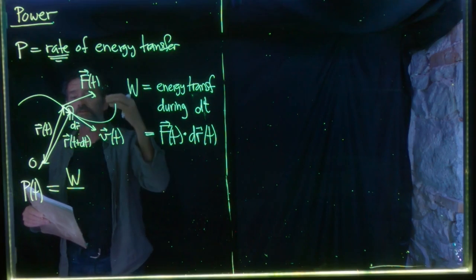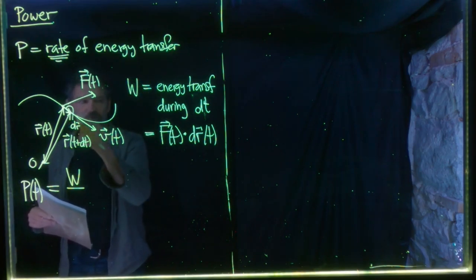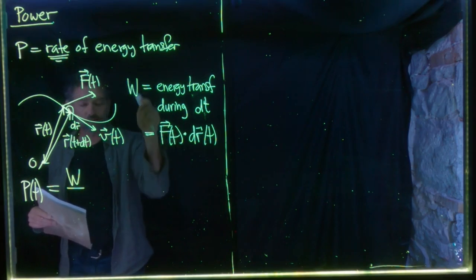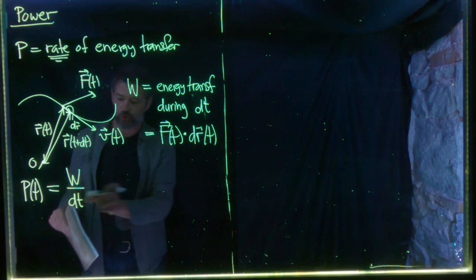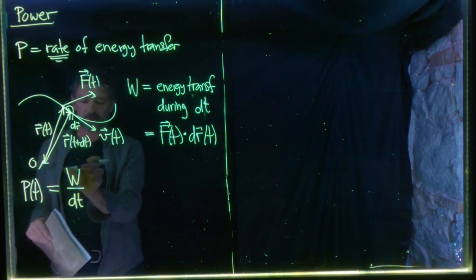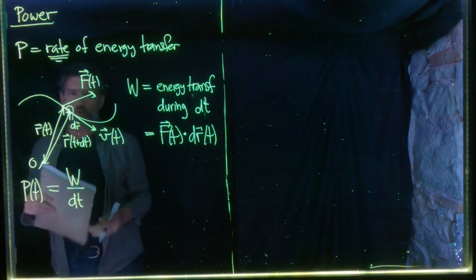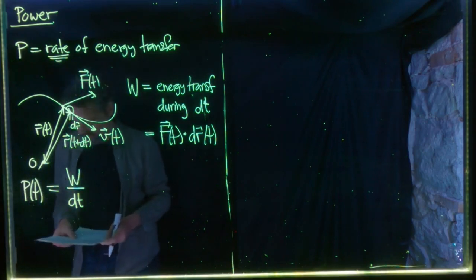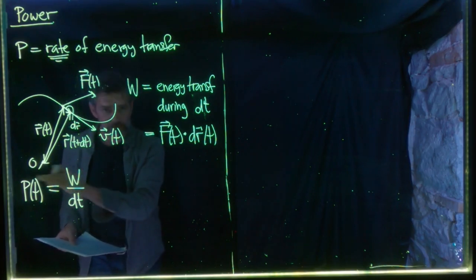Rate of energy transfer is energy per unit time, joules per second. So it's the amount of energy transferred, which is work done, divided by how long it took. Okay? The shorter the time it takes to transfer that amount of work, the greater the power involved. Make the denominator smaller, then power becomes larger. Or a greater amount of energy transferred in the same amount of time means larger power.